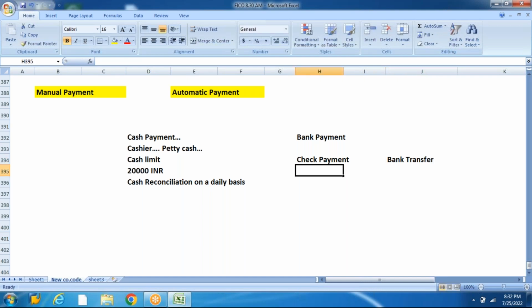If I am issuing a check, what will happen? The check will have the partner details, and the partner will go to the bank and withdraw the amount. Right?